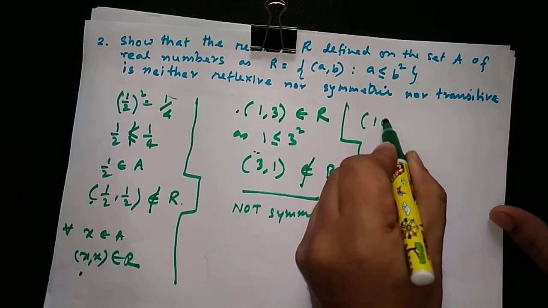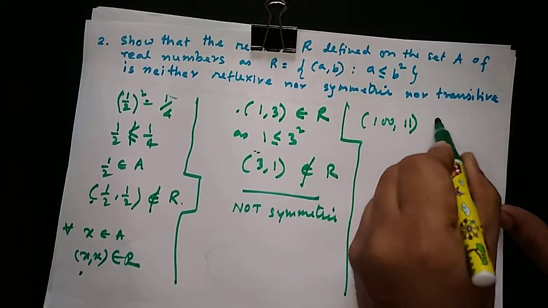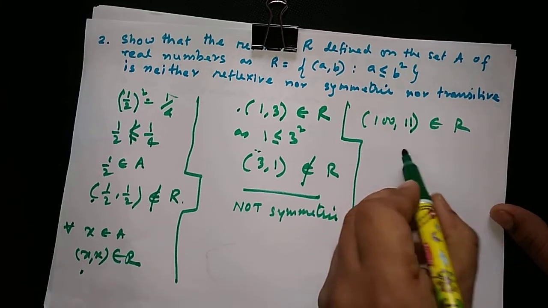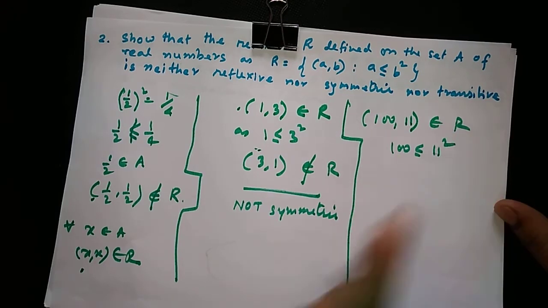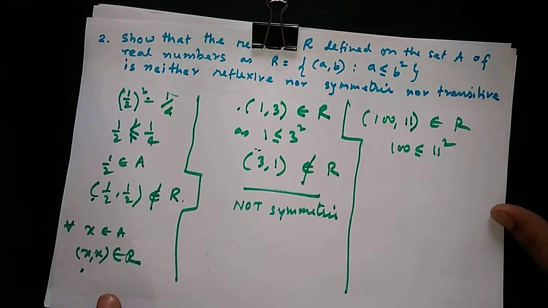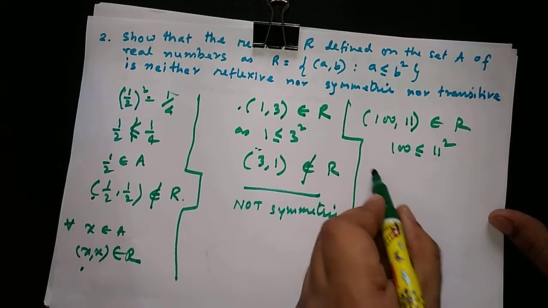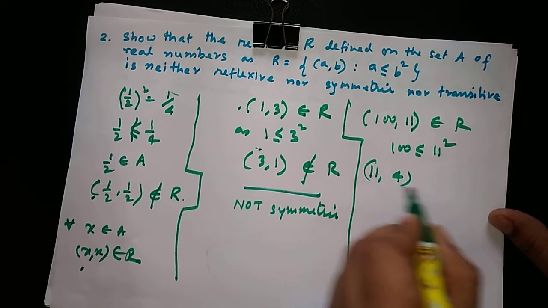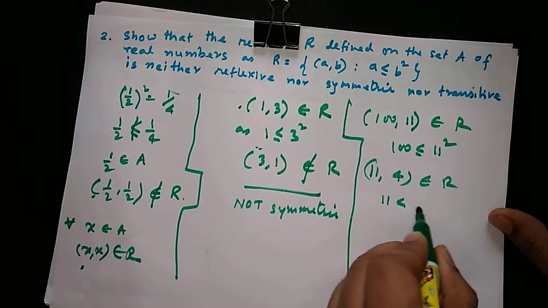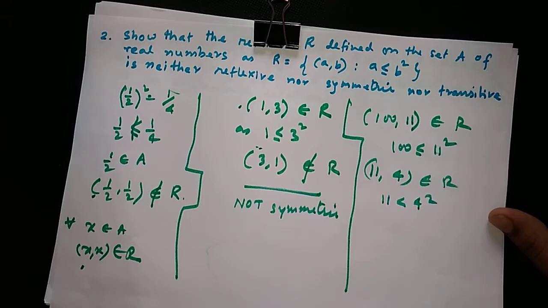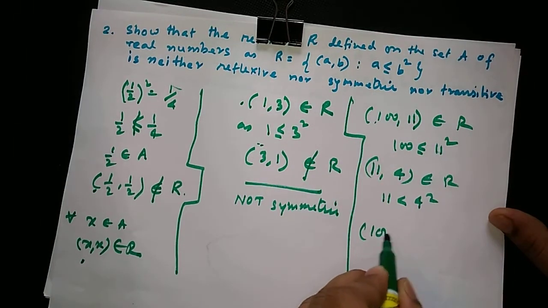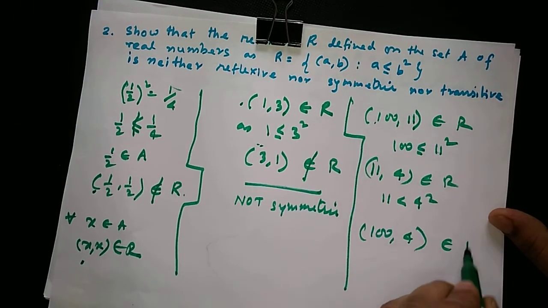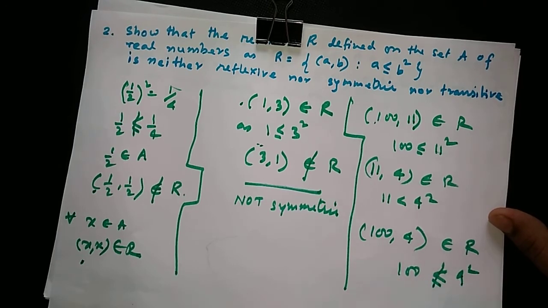Clearly, can I write (100, 11) belongs to R? Because 100 is less than 11 square, which is 121. So (100, 11) belongs to R. Correct? (11, 4) also belongs to R, because 11 is less than 16, 4 square. But (a, b) belongs to R and (b, c) belongs to R; can I write (a, c) belongs to R? 100 is not less than 4 square, which is 16.